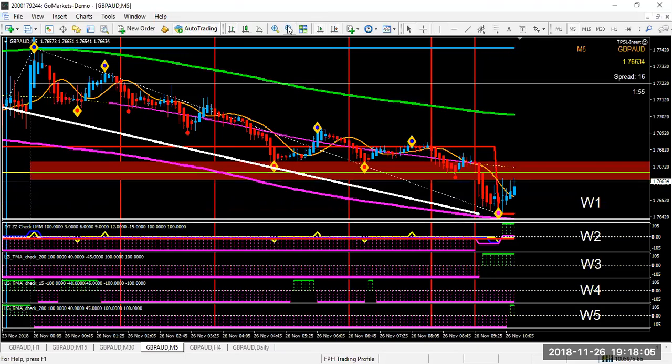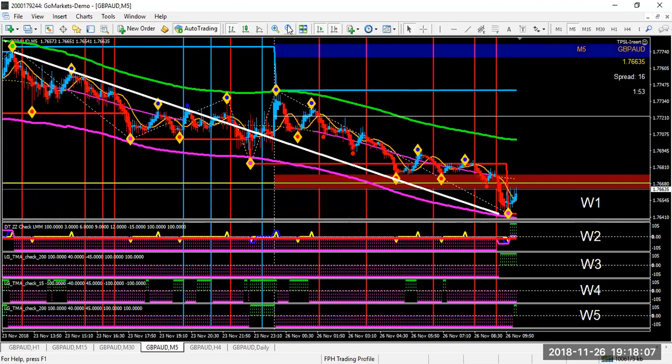It's no coincidence that I named this FPH, Fulcrum Pip Harvester. The reason is that when a trend is going very strongly down, it doesn't give the opportunity for the river to draw a vertical line.